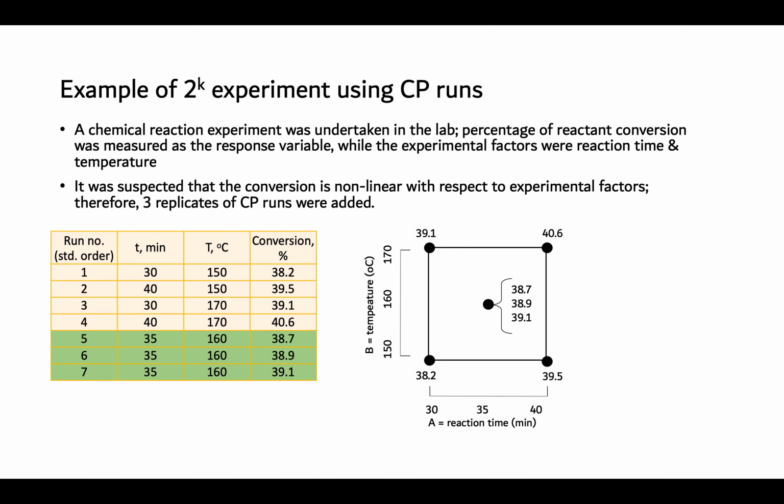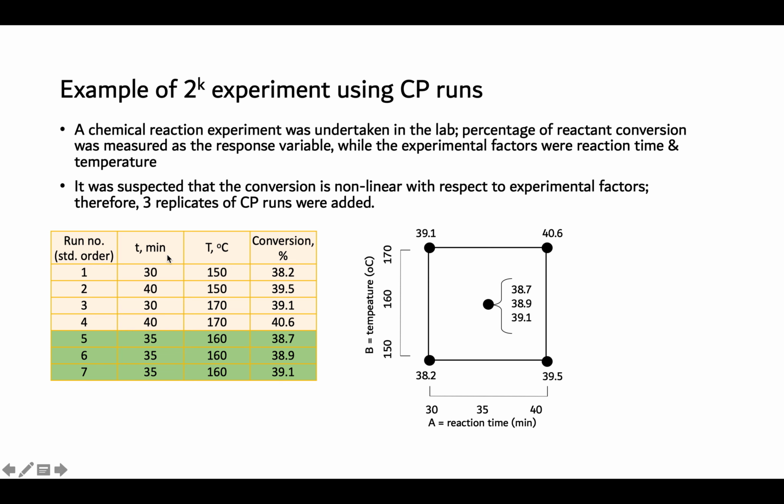This is an example of the 2 to the power of k experiments using center point runs. Here we have 4 experiments without replication.